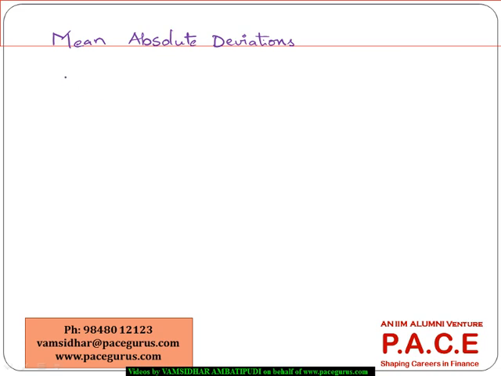Earlier, when I took the deviations of all the observations from the mean, what I saw is that the sum of the deviations was always 0, because the positives and the negatives cancel out each other. So I need a measure which addresses the problem of the negative deviations cancelling out the positive ones.